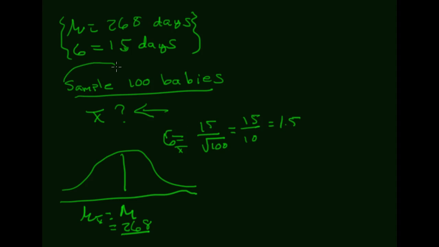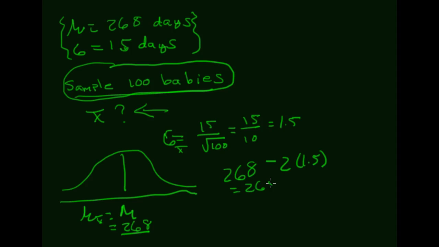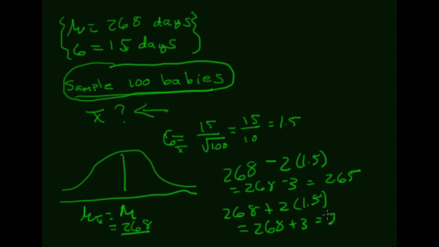So this means that if I took this sample, a usual value for this sample should be between 268 minus 2 times 1.5. Well, that's just 268 minus 3, which is 265, and 268 plus 2 times 1.5, which is 268 plus 3, which is 271.